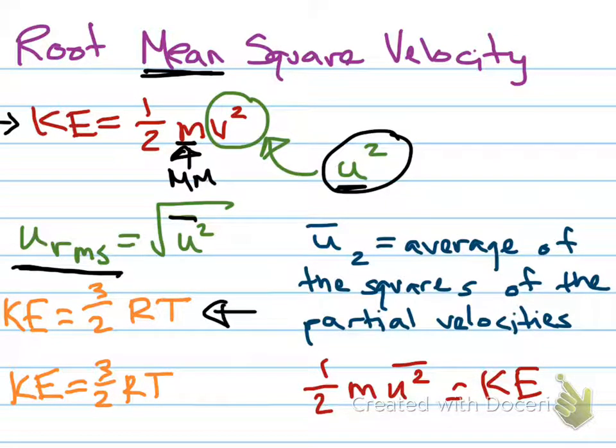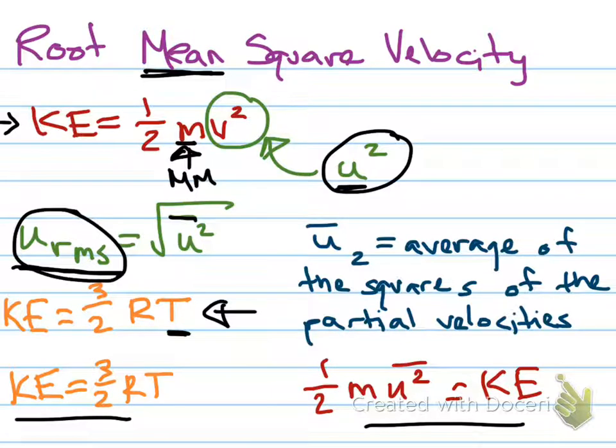And the second equation is another kinetic energy equation, and this is for particles. Kinetic energy is equal to 3/2 RT. So again, it's dependent on T, and R is a constant. So we have these two kinetic energy equations, and we want to solve for our root mean square velocity.